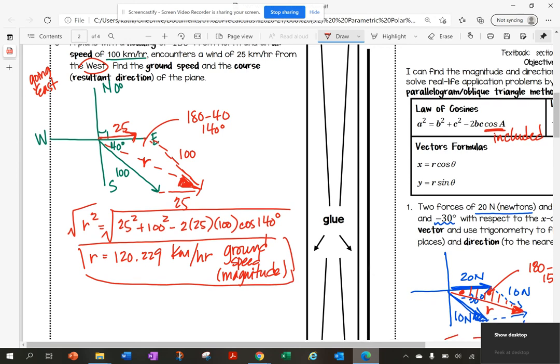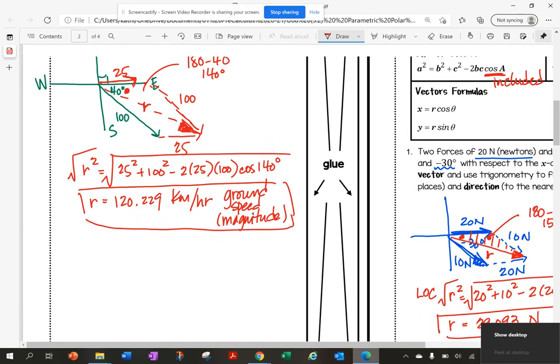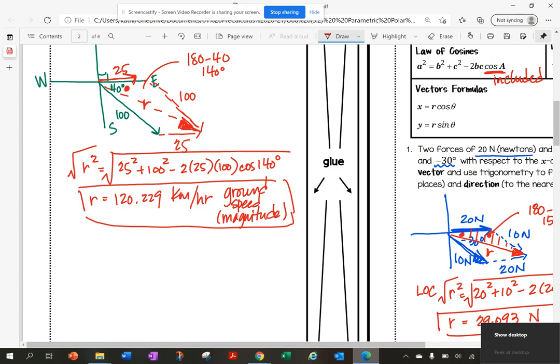Next, I want to find the angle. The angle I want to find is the angle by the origin here. So I'm going to use the law of sines. I'm going to use the resultant vector over the sine of the angle. So 120.229 over the sine of the opposite angle, which is 140 degrees. And then I know 100 and the angle I'm looking for are related. So I want 100 divided by the sine of theta.